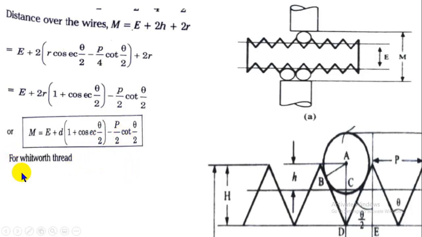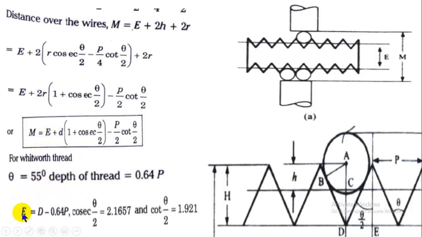And next, for the Whitworth thread, we know the angle is 55 degrees and the depth of thread is 0.64 p. If you put that value here, and we know that E equals d minus the depth of thread, that is d minus 0.64 p. In place of cosecant theta by 2, if you put the value for 55 degrees, it will simplify to 2.1657, and cot theta by 2 will become 1.921.